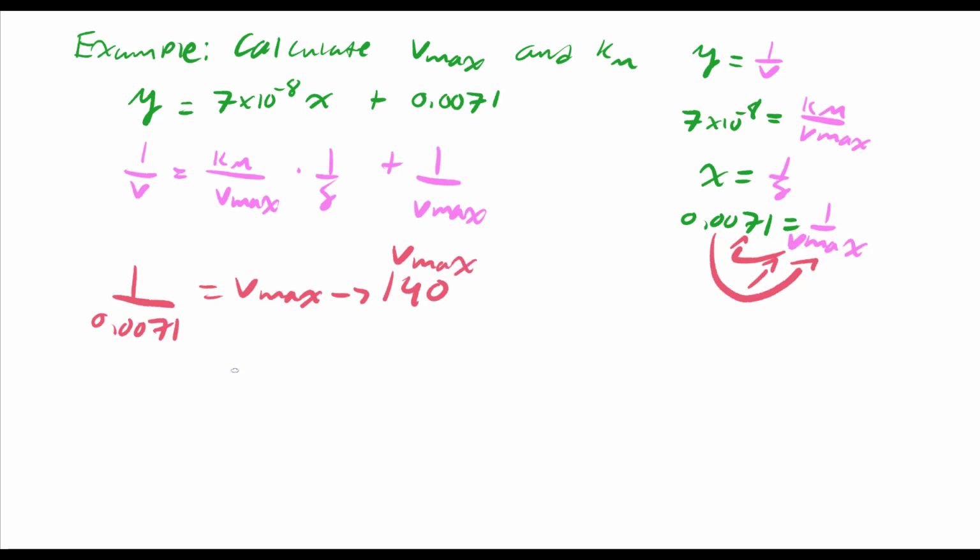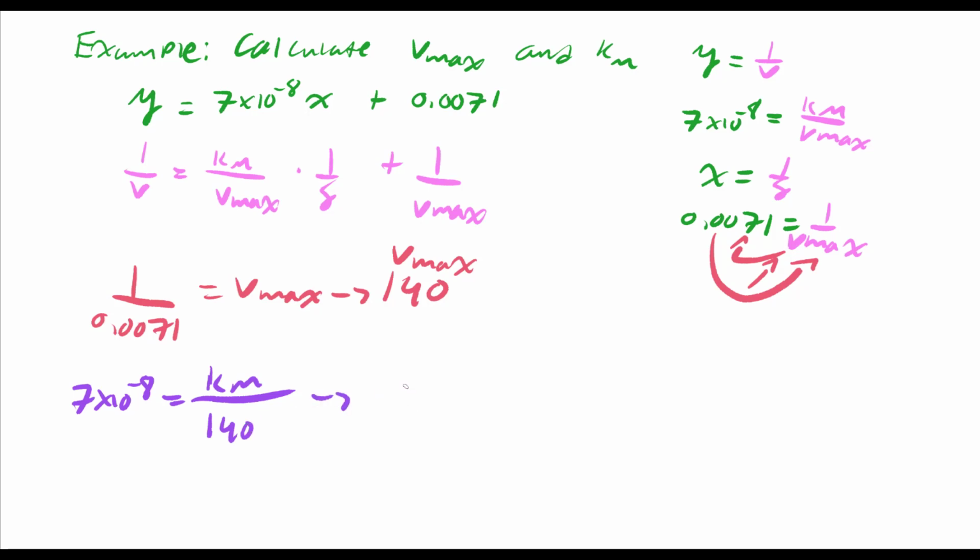Now this becomes a bit more simple. We go back to this equation right here, and we say 7 times 10 to the negative 8 is equal to my Km value divided by my Vmax. But we know that Vmax is 140. So this becomes really simple.